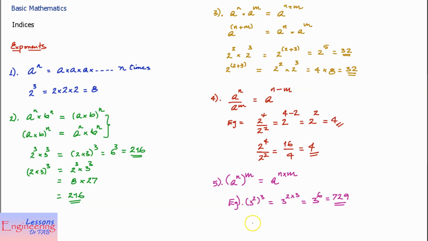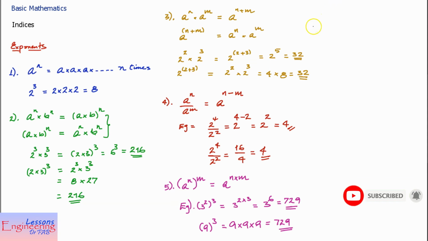That will be 3 squared, which is 9, raised to 3. So 9 raised to 3 would be 729.